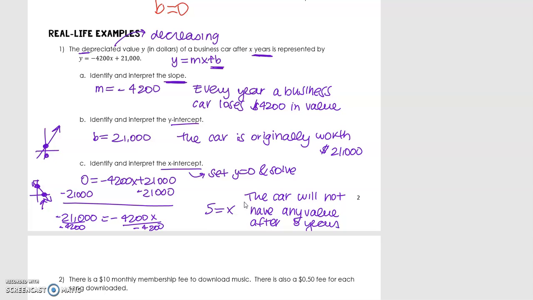We know the x-intercept represents time because right in the very beginning it says x is years. So if this is where we're starting, the original value, it's depreciating, going down. 5 years later, that's when we're at 0. There's no more value to the car. Okay? Let's check out another example.